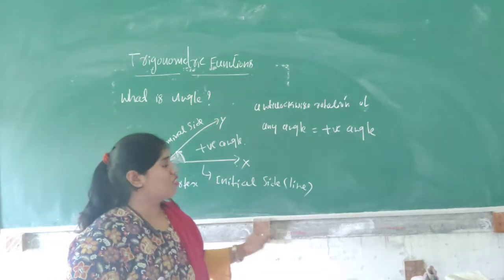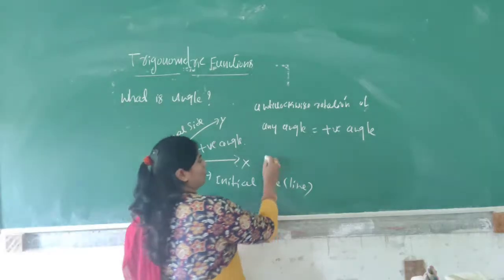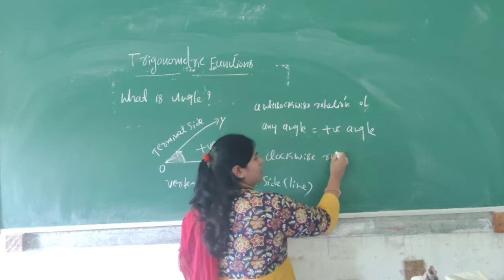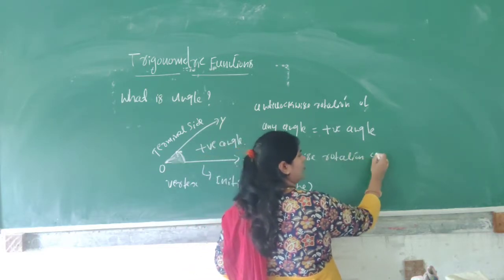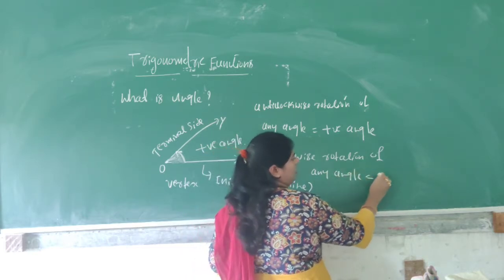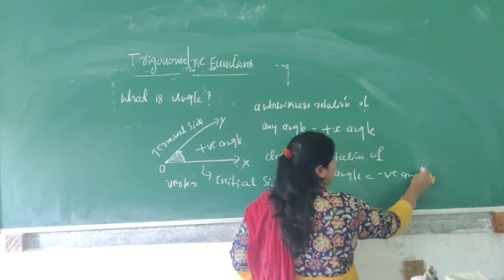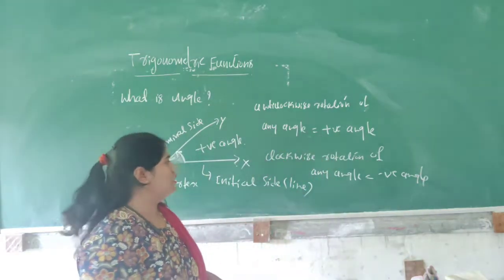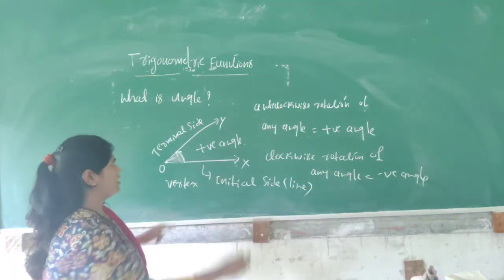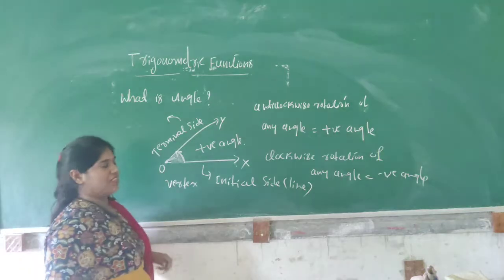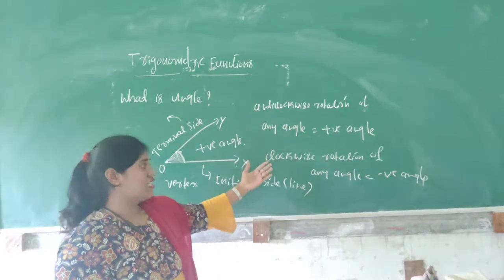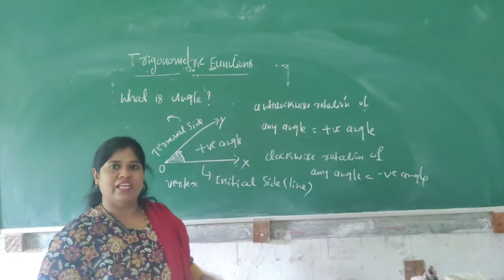If it is in clockwise rotation of any angle, that is a negative angle. So you should know the positive angles and negative angles. If the direction is anti-clockwise, it is called a positive angle. If the rotation is clockwise, it is called a negative angle.